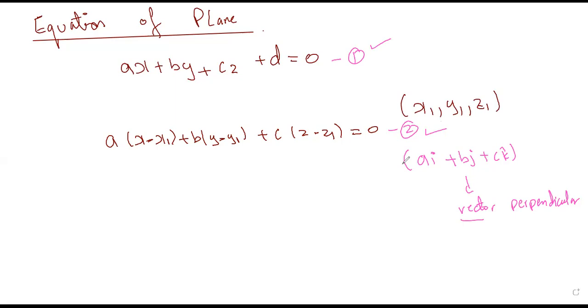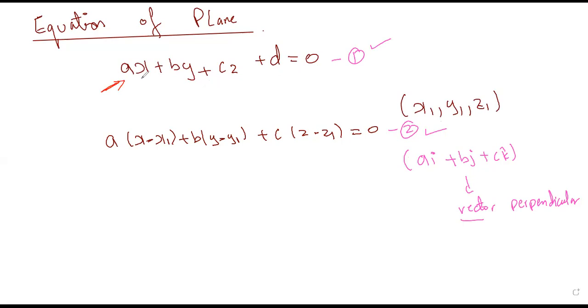Okay, can you please explain this once again, this part? Okay, all right. So what do we have? We have the equation of a plane. If I talk about the first one, we can write it as ax plus by plus cz plus d equals 0. Now, how to use this one?